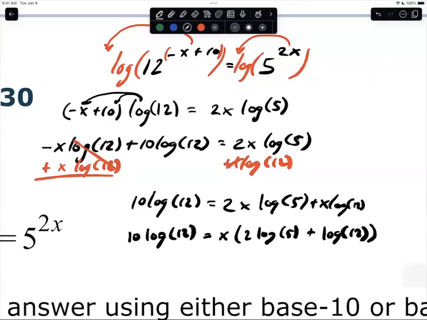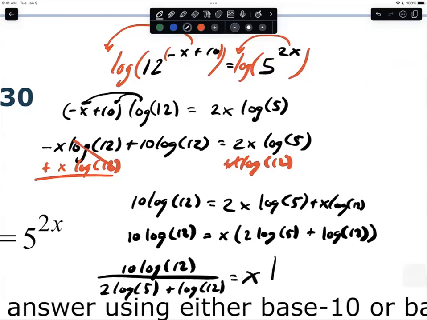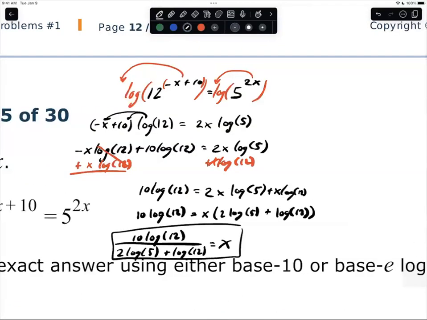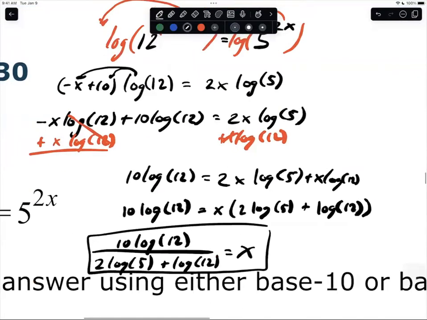And then we divide by that number next to the x. It's an ugly number, but the answer would be 10 log 12 divided by 2 log of 5 plus log of 12. It says write the exact answer using either base 10 or base e logs. So that's what we did. We did base 10.